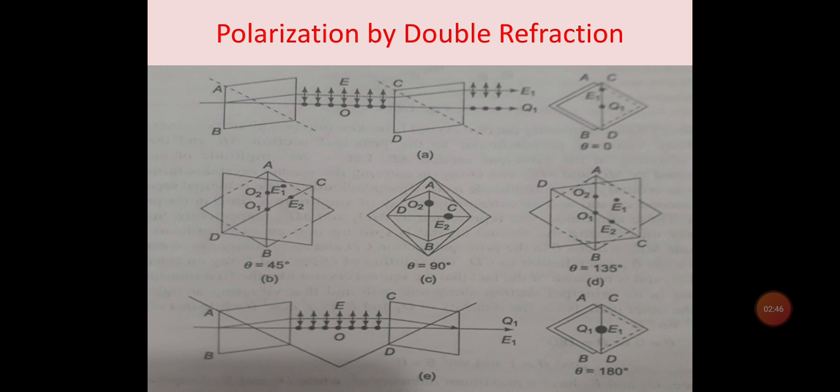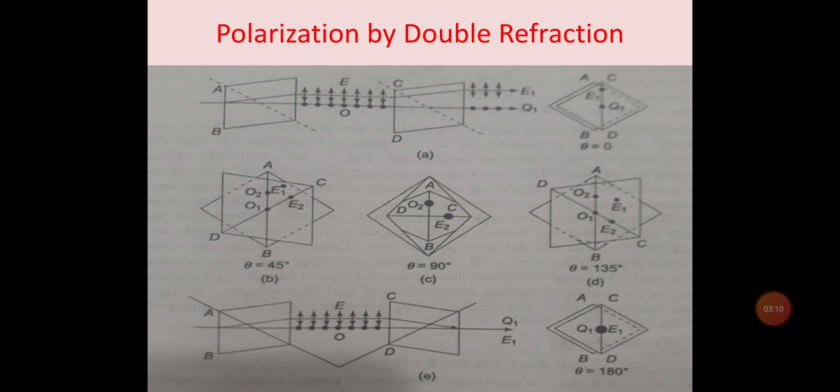Along with O1 and E1, we get two new images named O2 and E2. As the rotation of the second crystal continues, O1 and O2 remain stationary, and E1 and E2 rotate around O1 and O2 respectively.